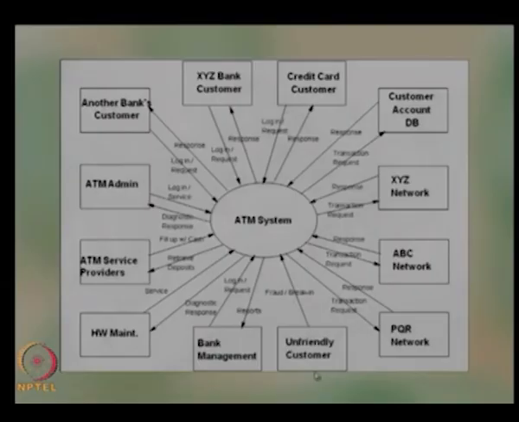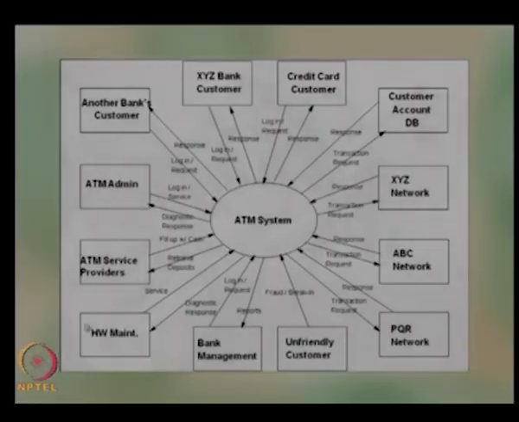Then there will be unfriendly customers, who are trying to take money without any authority, or there will be theft and other situations. And there will be bank management interacting with the system to find out the transactions and to see whether there is enough cash or other things.